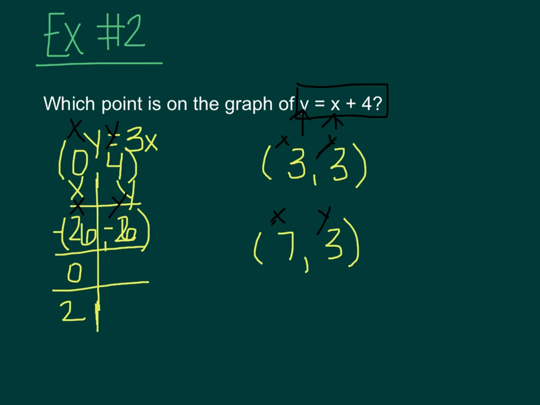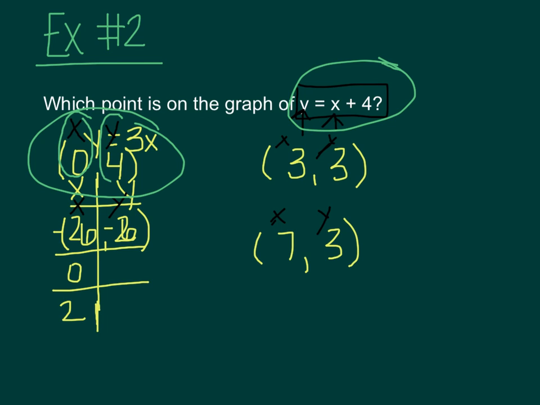All right, let's start with our first points. 0 and 4. So I'm going to use the equation right here, y equals x plus 4, and I'm going to put in a 0 for x and a 4 for y and see if it works.